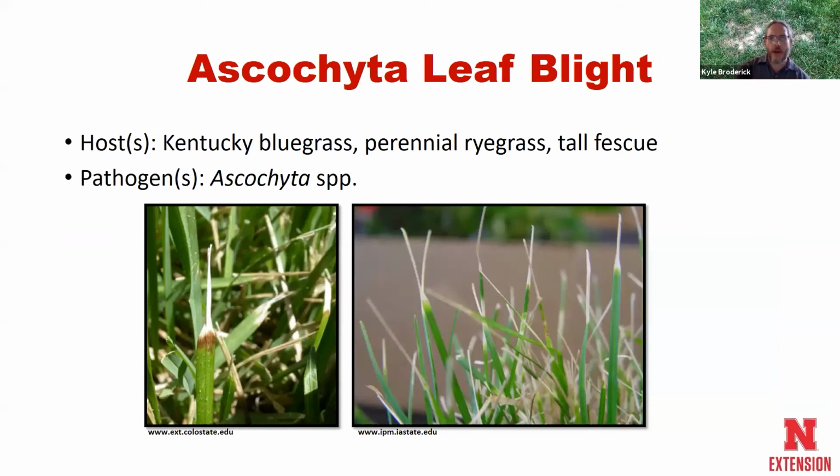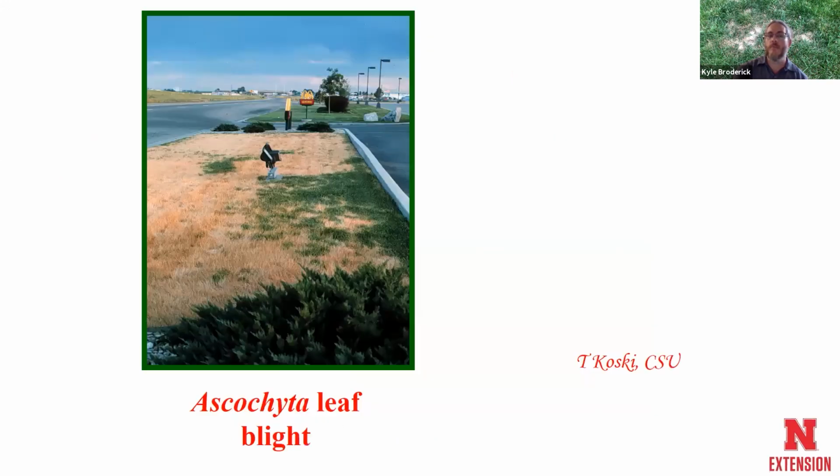And the other one I'm going to spend time on is Ascochyta leaf blight. With this one, we always get this almost needle-like appearance of the tips of the turf. But with Ascochyta, we may see a lot of damage. This is a situation of very, very severe Ascochyta.